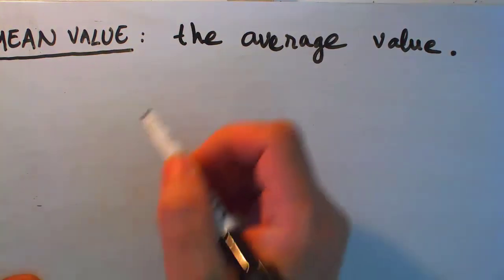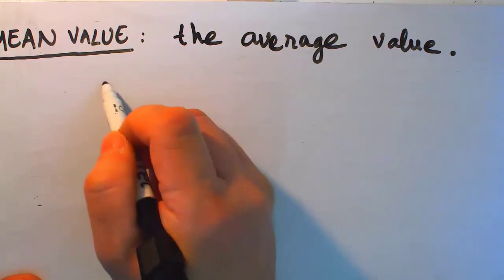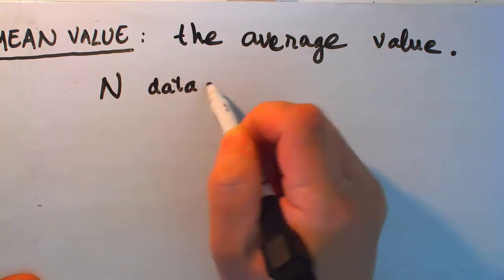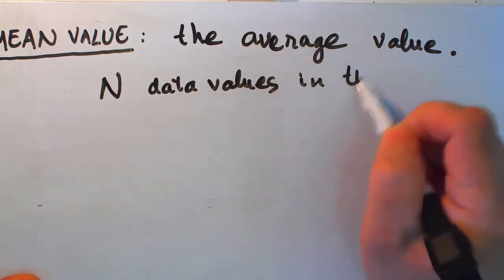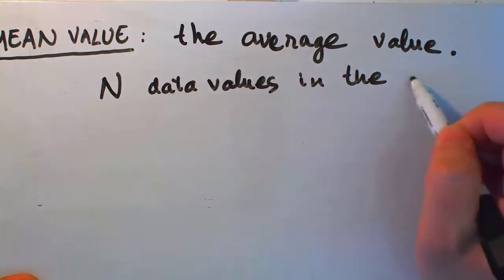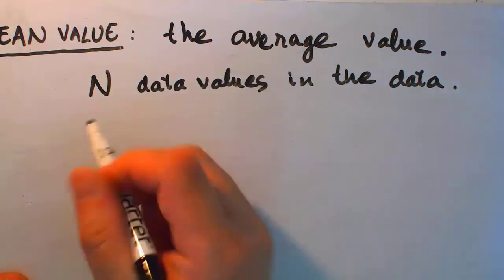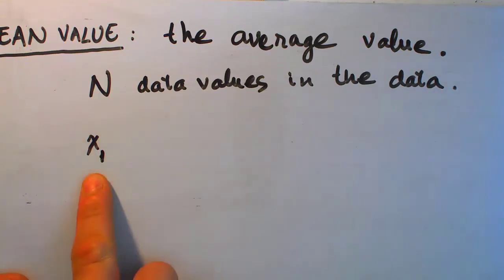So let's say you have a data set, you have n data values in the data. Then I'm gonna start introducing lowercase x with a subscript index, indicating the data member.